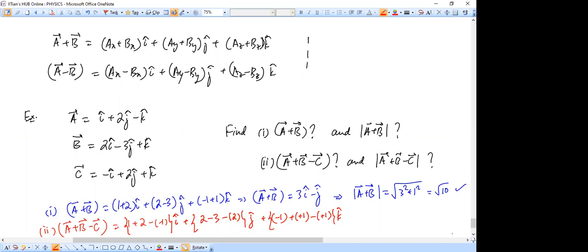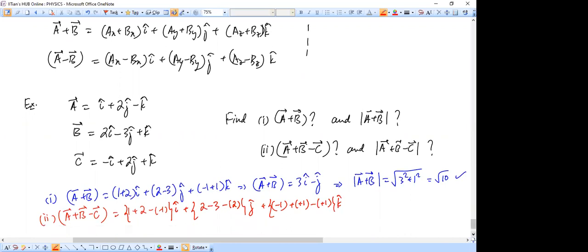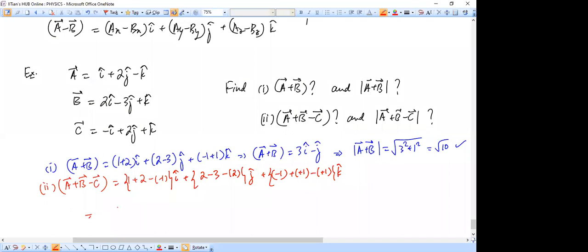So this will become how much now? So A plus B minus C in component form will become 1 plus 2 plus 2. So that is 4i cap. Okay. Then 2 minus 3 minus 2. So that is minus 3j cap. Correct. And minus 1 plus 1 minus 1.